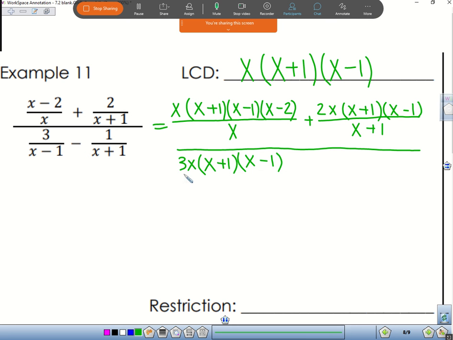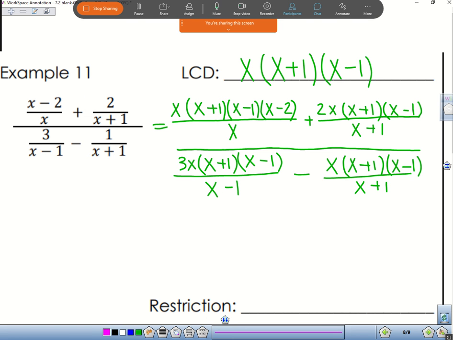Sorry, I'm just concentrating to make sure I don't make a mistake here because it's easy to mess something up at this stage. So I just multiplied all my numerators by the LCD. Every single numerator was multiplied by the LCD. All 4.